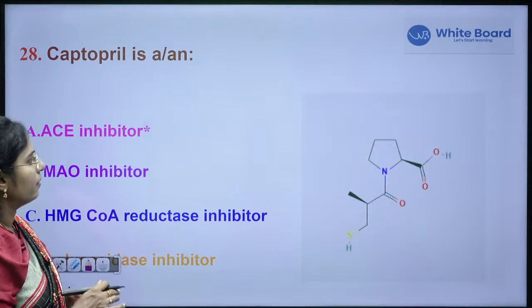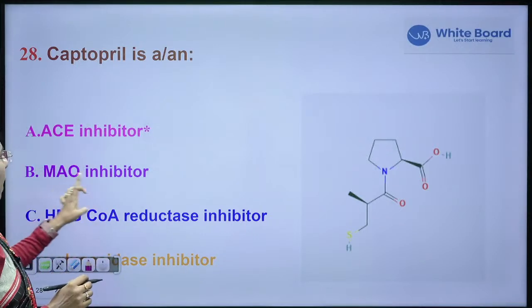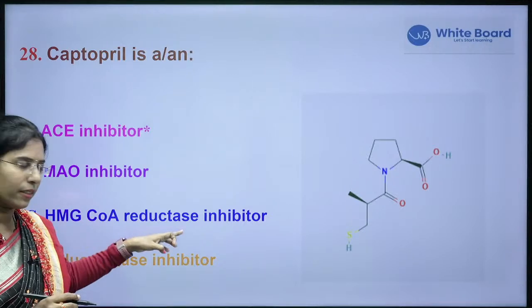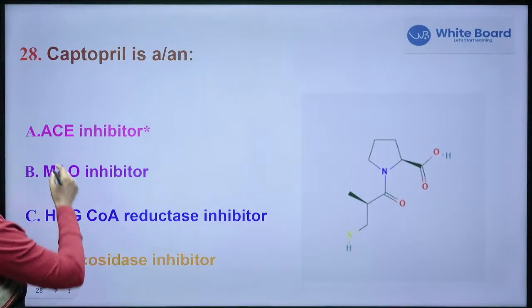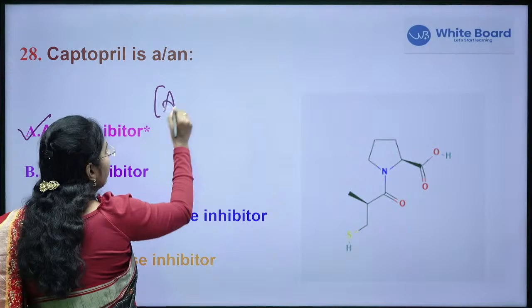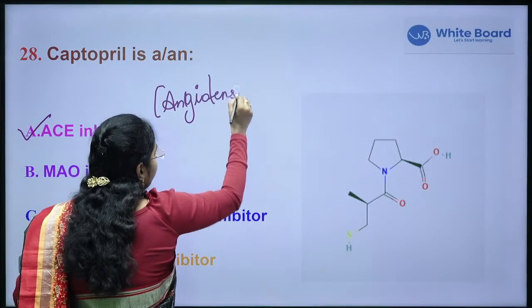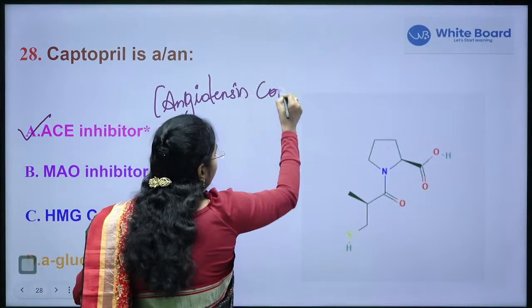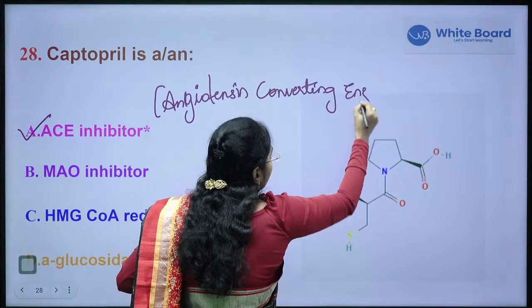Captopril is an ACE inhibitor, MAO inhibitor, HMG-CoA reductase inhibitor, or alpha glucosidase inhibitor. So it is an ACE inhibitor, nothing but angiotensin converting enzyme inhibitor.